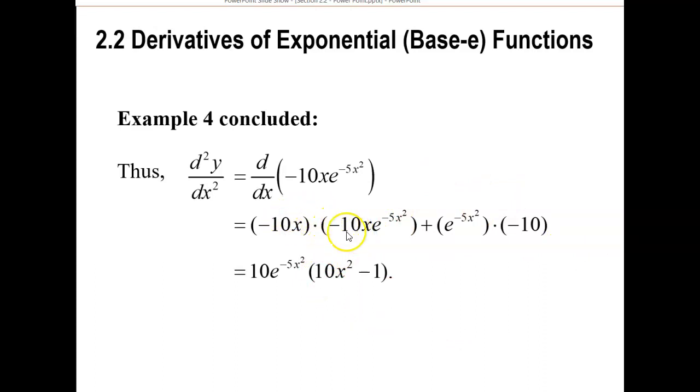When you multiply these together, you get a positive 100. So if you think of that as already being a positive 100, taking out a 10 leaves a positive 10. And you've got an x times an x, so you have the x squared still there, but this got factored out. We took out the 10, and we took out this power, right? So we just have this minus 1 left. You have to have a term, right? So that's just factoring out the common factor there.